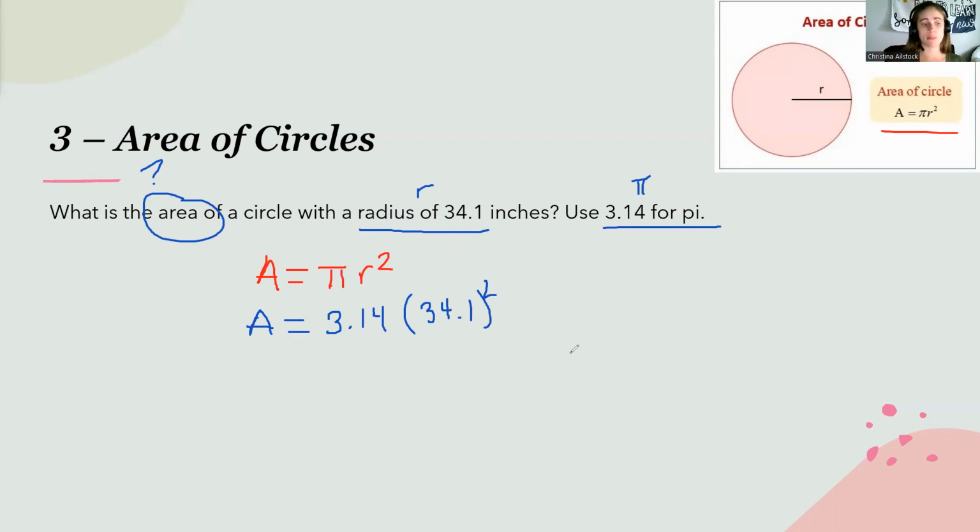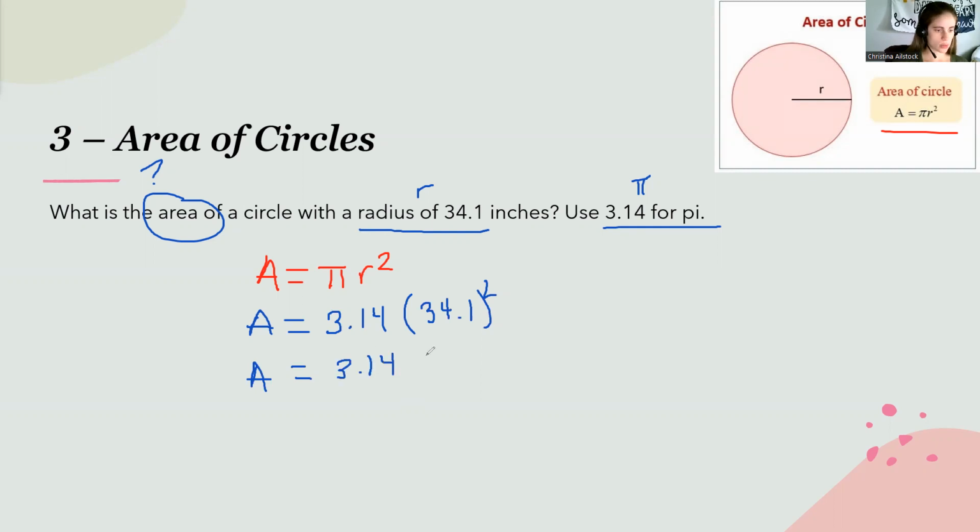Now here we do have multiplication and exponents, so we need to follow the order of operations and do our exponents first. So 34.1 squared, that's another way of saying 34.1 is being multiplied by itself 2 times.